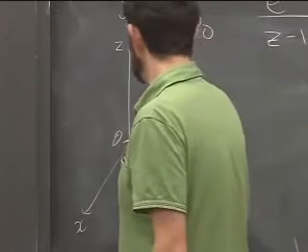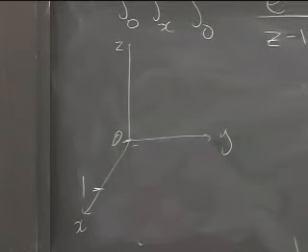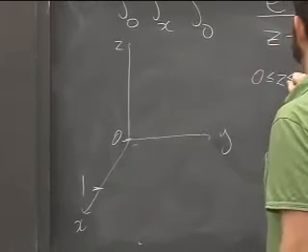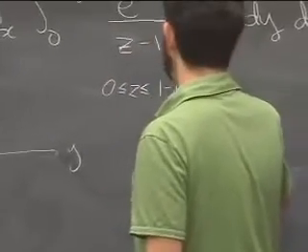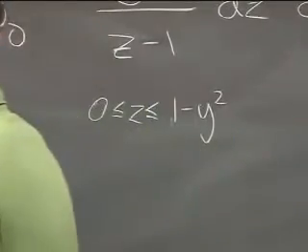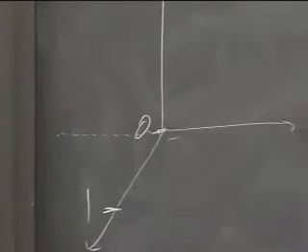That's the first thing I know. So for a fixed point in the x and y plane, z has to go up to 1 minus y squared. So let's graph this. Z equals 1 minus y squared.